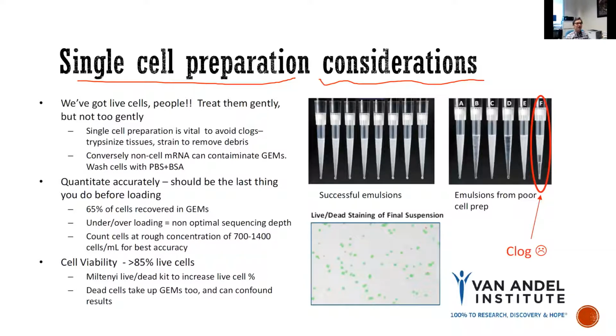For different tissues, you may want to consult different protocols. There is specificity about the concentration of your cells, the number of cells, your preparation. Then you have to calculate the percentage of recovery.